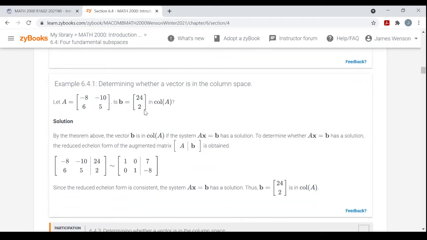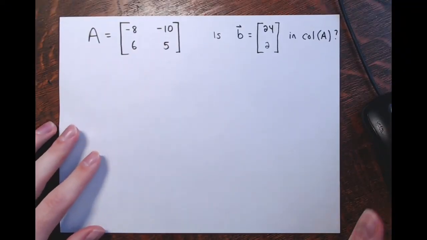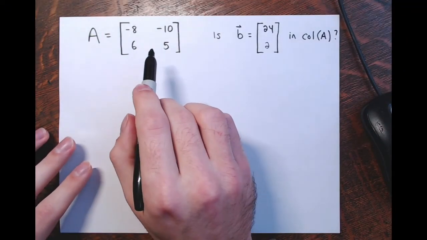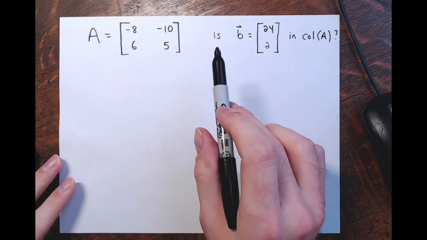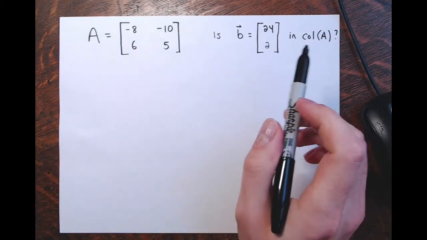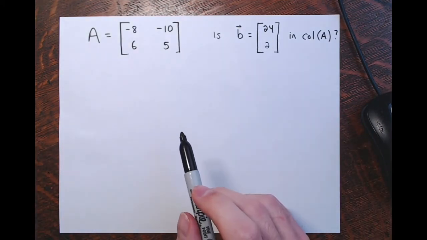So then the question here is, let A be this 2 by 2 matrix. And the question is, is b, this vector with the components 24 and 2, in the column space of A? Alright, so I'll write this one out as well. So here's the matrix given in the example. And then they're asking, is this vector 24, 2 in the column space of A?